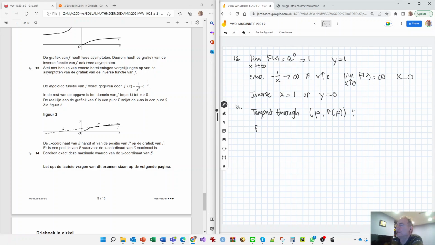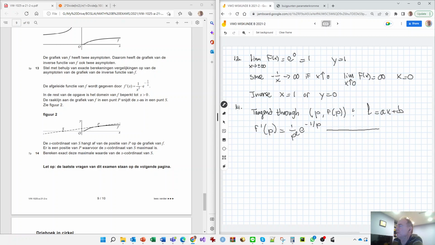Well, f prime at P is 1 over P squared e to the power minus 1 divided by P, and it goes through this point. So let's set up an equation. Let's call this L and make it of general form ax plus b.